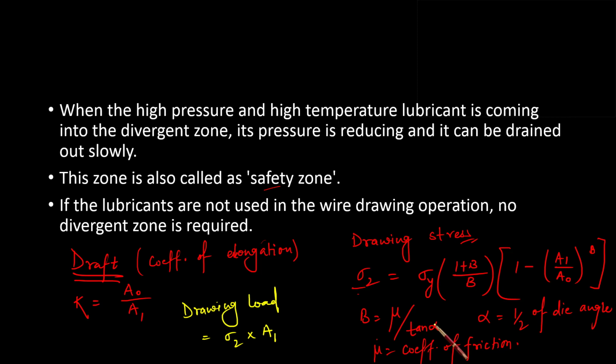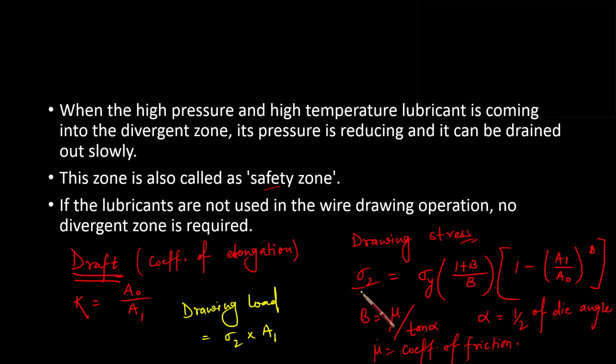So if mu increases, b is increasing, and due to the increase in b, sigma 2 is decreasing.